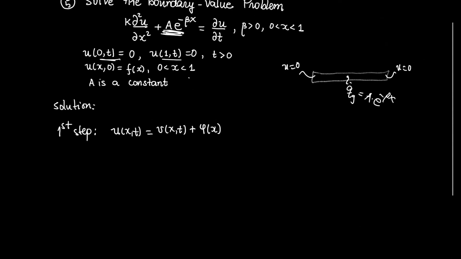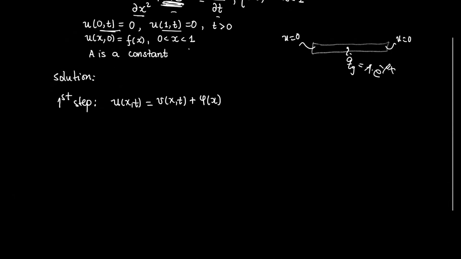If I do that, then I have to substitute this into the equation that I have. First, I'm going to find the first derivative: the partial of v with respect to x plus the derivative of phi with respect to x.